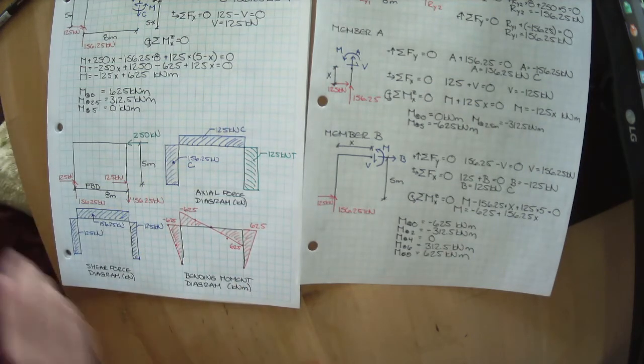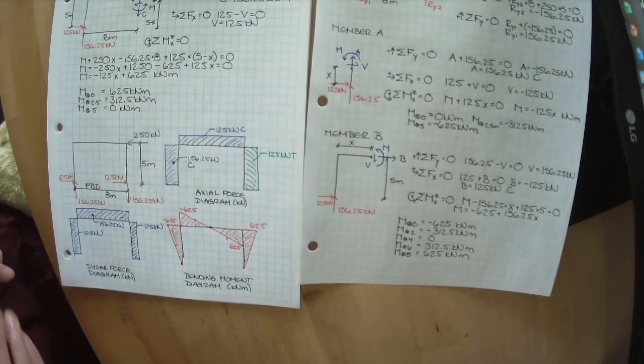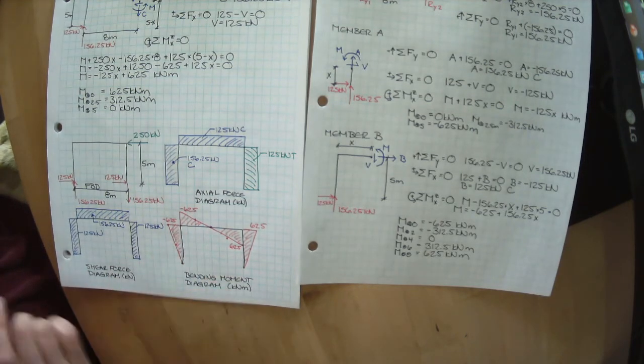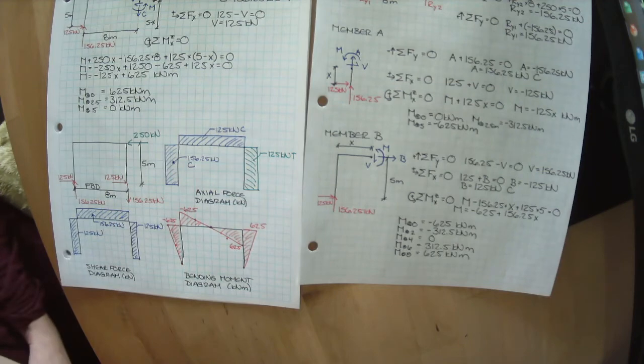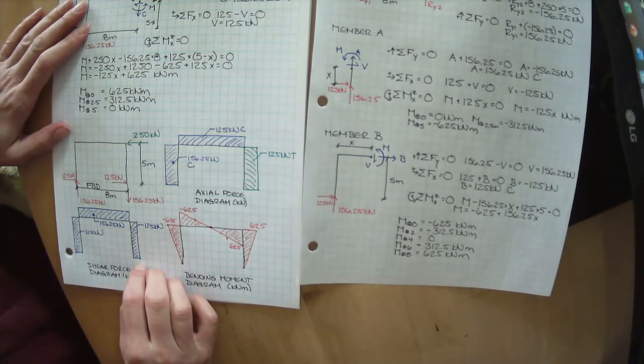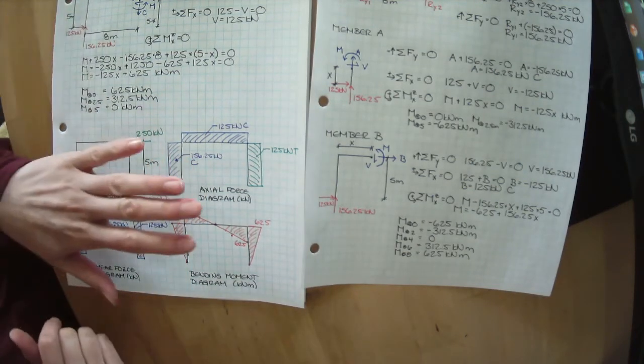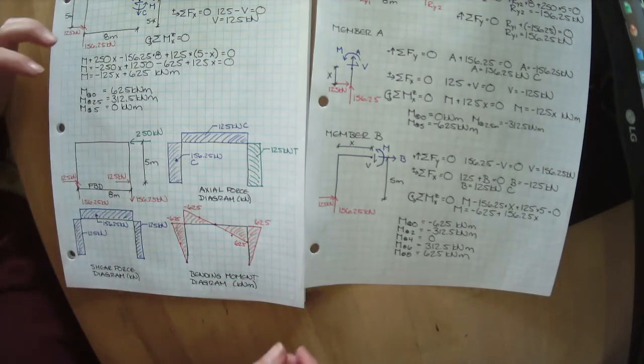You've heard me say that connections for moments are a pain to make happen. So that adds complexity to this system. We can see what the internal shear forces and the internal axial forces are, and we can see where those loads are applied. So this is a really handy way to illustrate everything we've learned about a system.